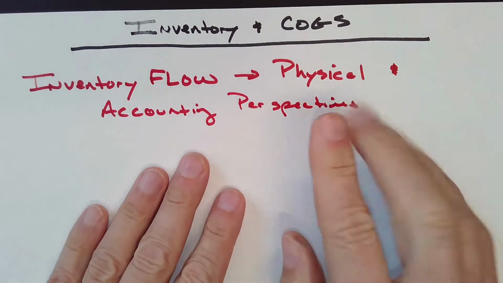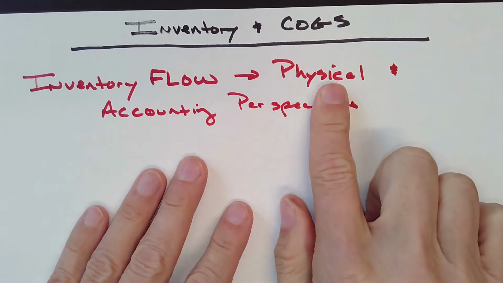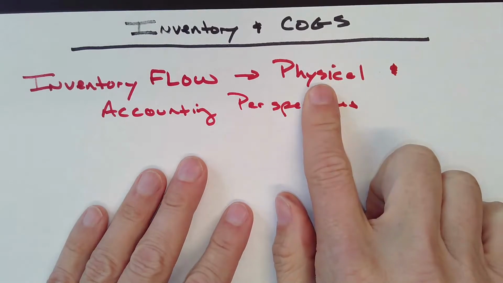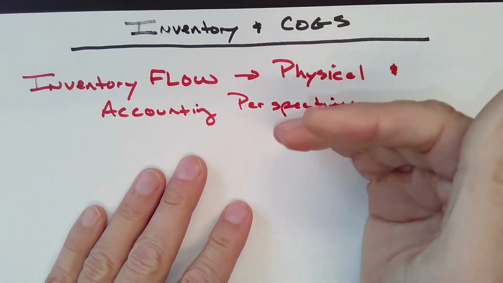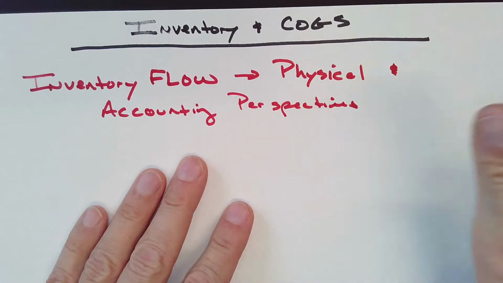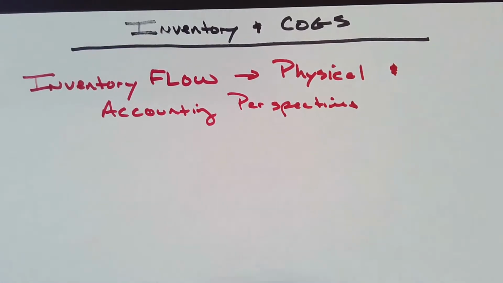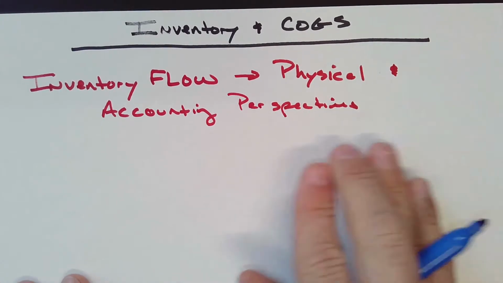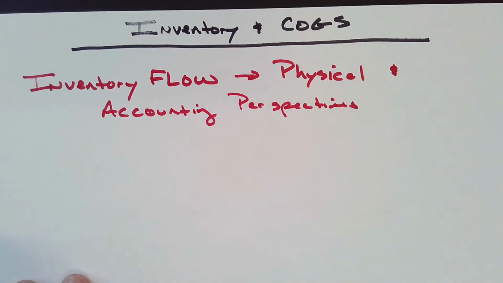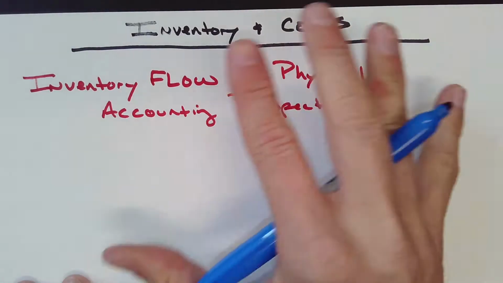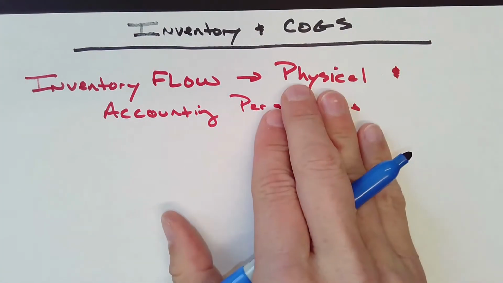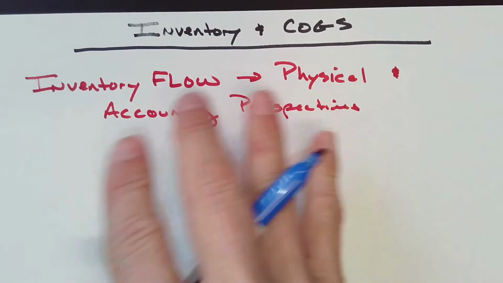Now, from a physical standpoint, most inventory is going to come, the first stuff that comes in is going to be the first stuff that goes out. So the physical flow is always, I'm not going to say always, but generally, physical flow is the first thing that comes in is the first thing that I'm going to sell.